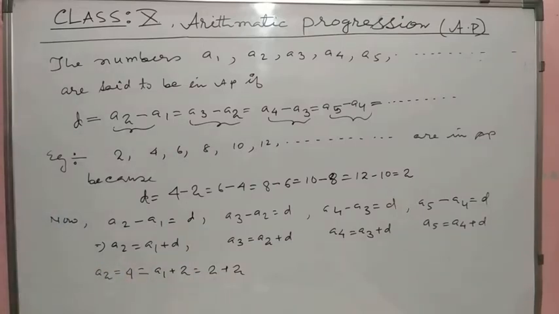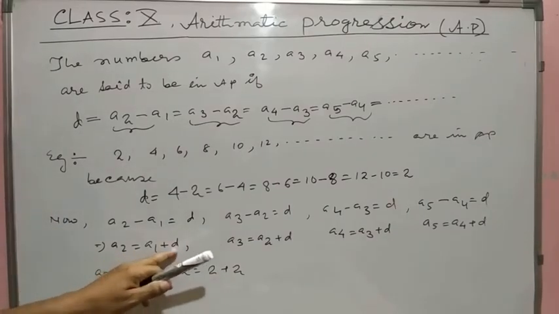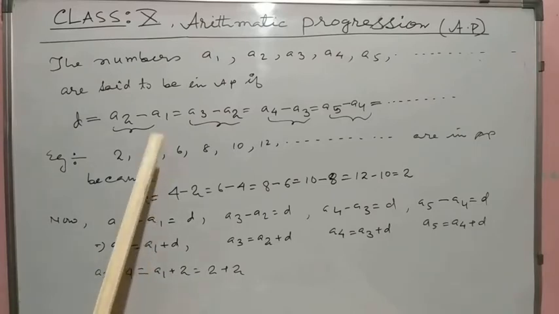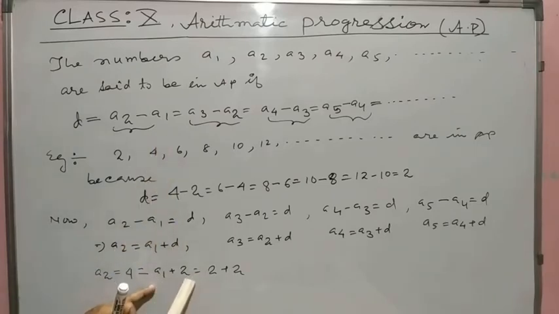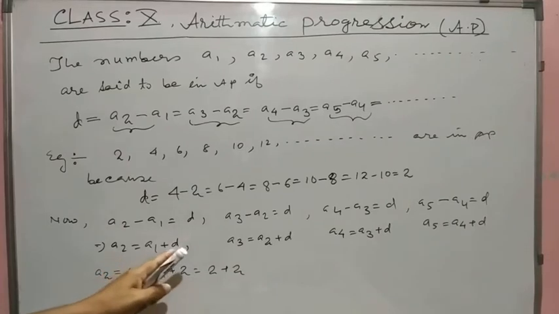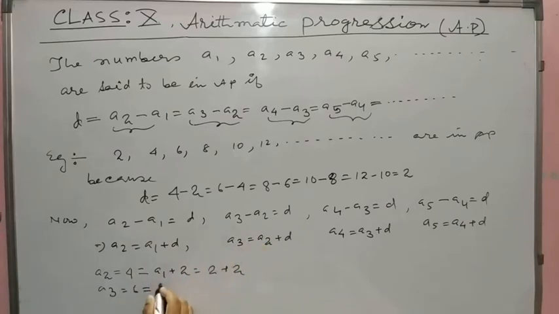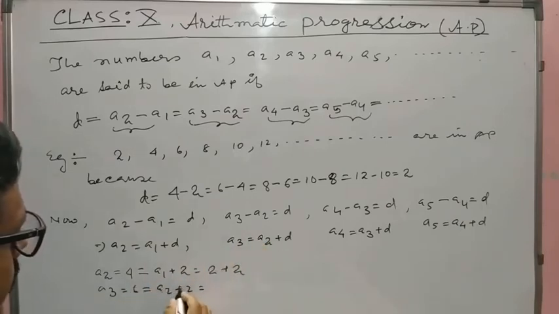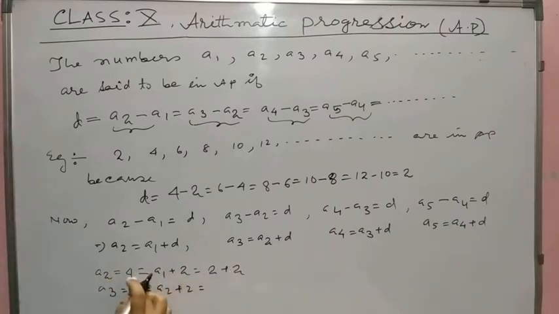Got it? If I apply this, second term equals first term plus common difference. So second term equals 4; first term is 2 and common difference is 2, so 2 plus 2 is 4. Third term equals second term plus common difference. Third term is 6: second term is 4, so 4 plus 2 equals 6.